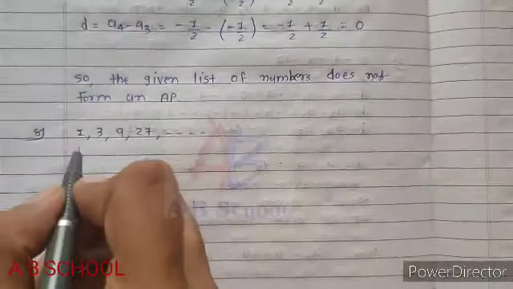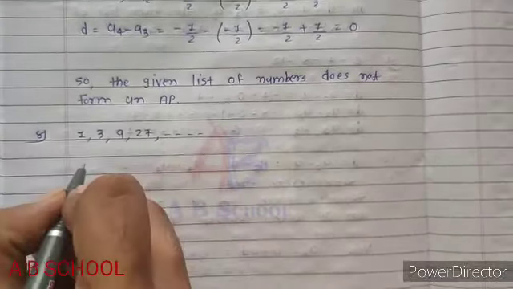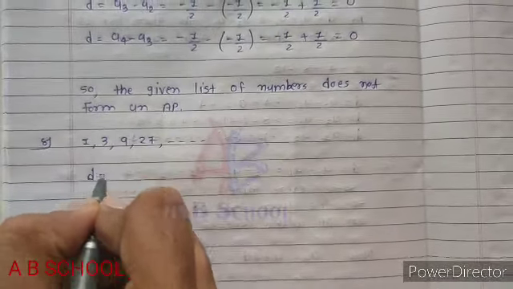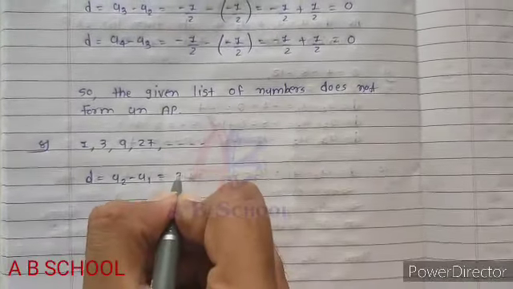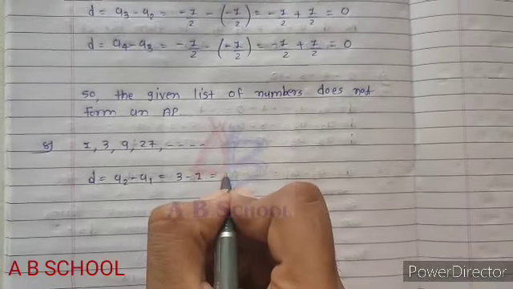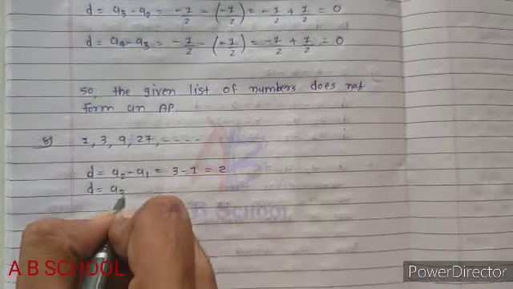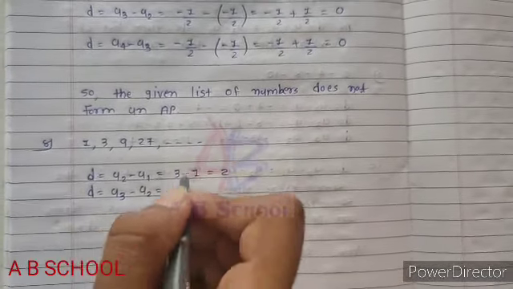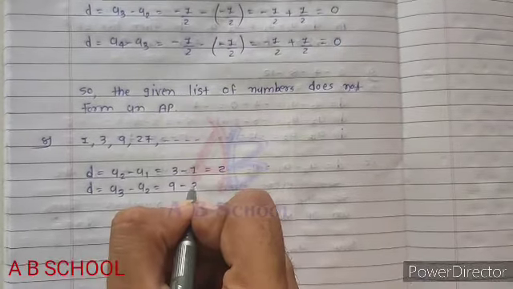Now number 8: 1, 3, 9, 27. For the common difference D is equal to A2 minus A1. Value of A2 is equal to 3 minus A1 is equal to 1. So value of D is equal to 2. For the common difference D is equal to A3 minus A2. Value of A3 is equal to 9 minus A2 is equal to 3.